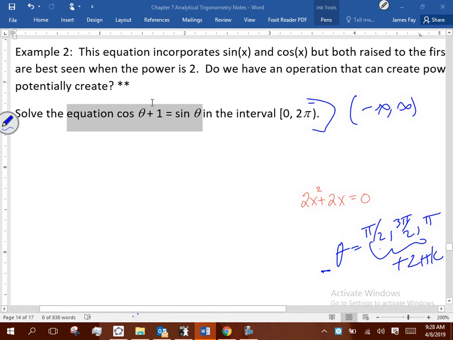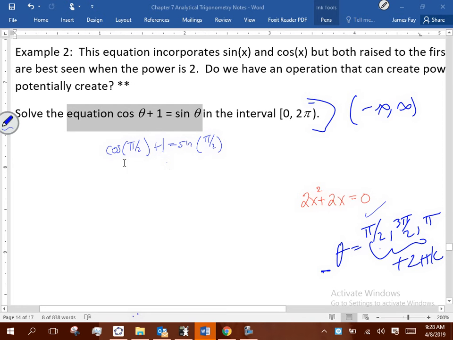So let's go see if these things create problems or not. If I plug in pi over 2, so I have cosine of pi over 2 plus 1 equals sine of pi over 2. What's cosine of pi over 2? 0, right? Is 0 plus 1 equal, what's the sine of pi over 2? 1. Does 1 plus 0 equal 1? So pi over 2 works.